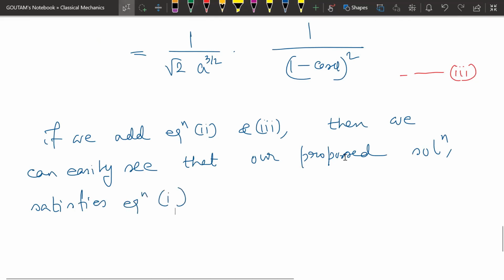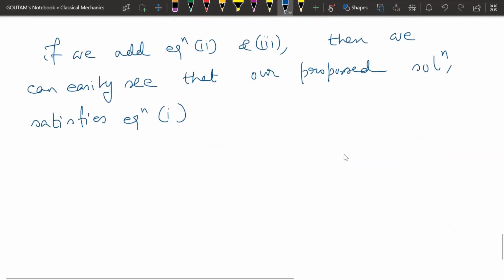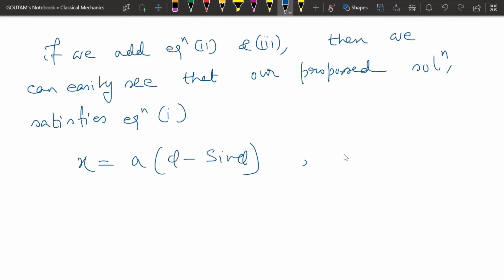So the solution is basically x equal to a(phi minus sine phi), and y is equal to a(1 minus cos phi).